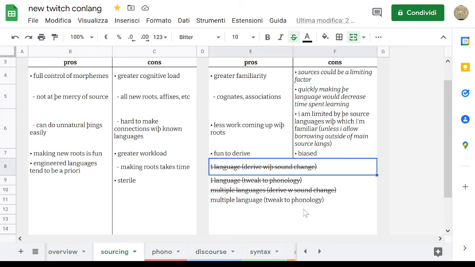But any of these one-language options, even mixed ones, still feel like too much for me. I want it to be evened out between the different source languages, because it's already biased to the languages I want. I don't want it to be biased to just one of the languages that I know, necessarily.